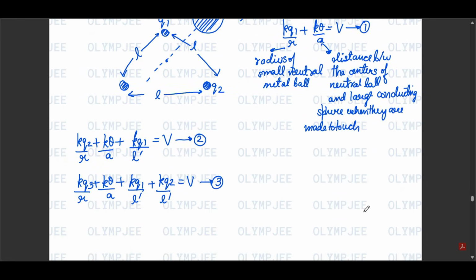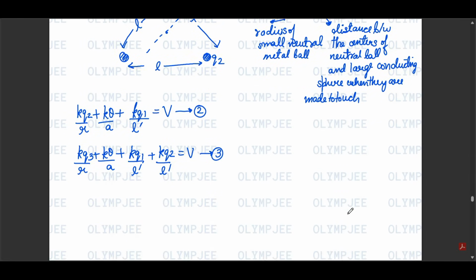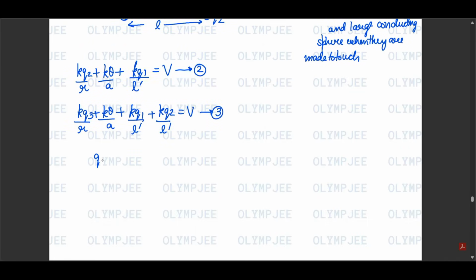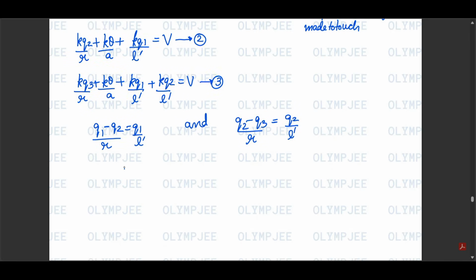So let us now solve these equations. We can subtract 2 from 1, so we will get, and on subtracting 3 from 2 we will get, now we can divide these two equations to get, this way we have eliminated all the variables that we had assumed, like r and L dash.